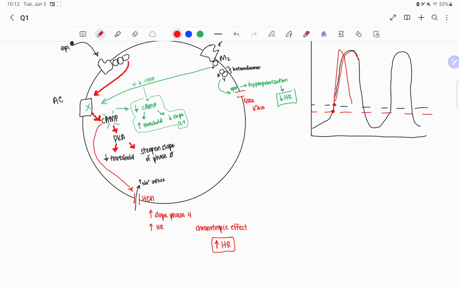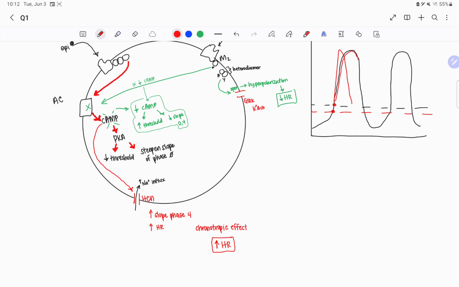Okay. And what it's doing, PKA is, or cAMP can also come down here. HCN stands for hyperpolarization-activated cyclic nucleotide-gated. So cAMP is a cyclic nucleotide. So if we have a whole bunch of cAMP, it'll come over here and activate our HCN channel, which will have an increase in our sodium influx, which, as we all know, depolarizes our cells very effectively.